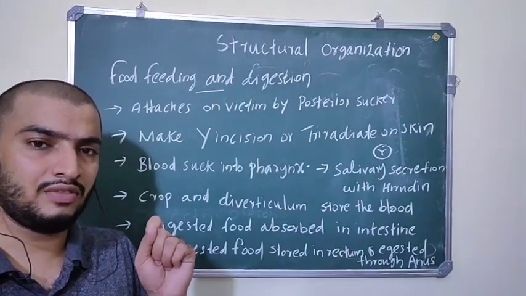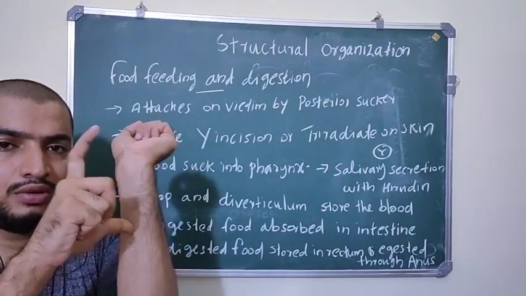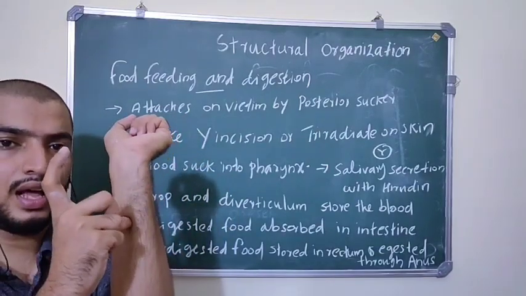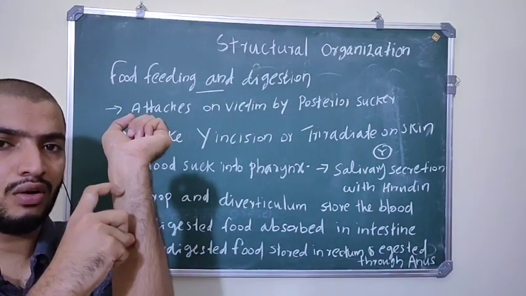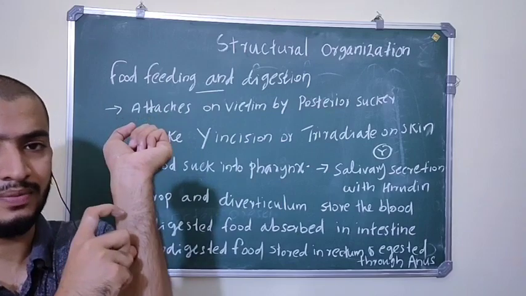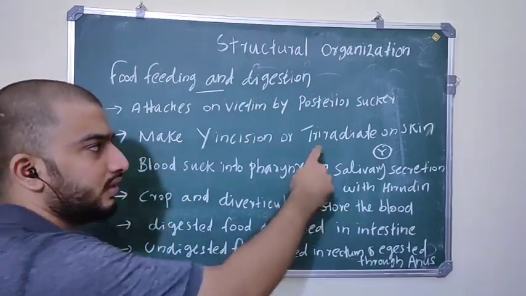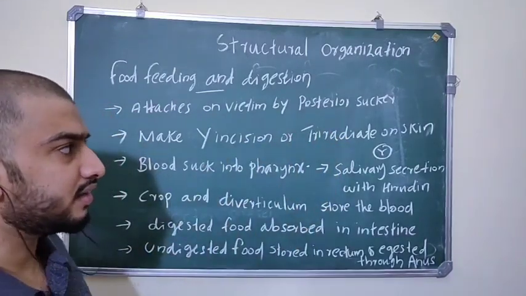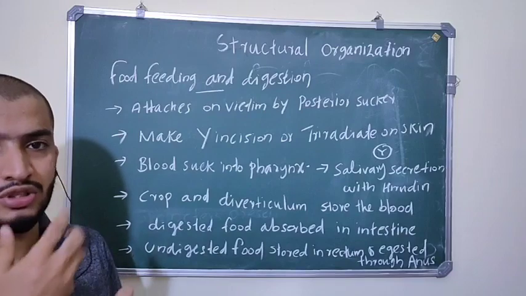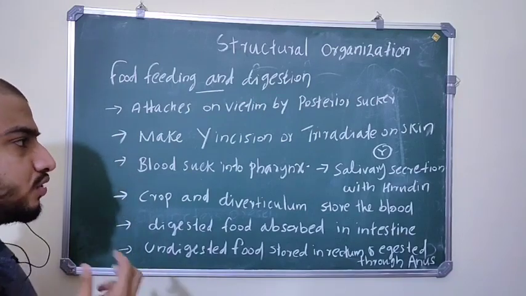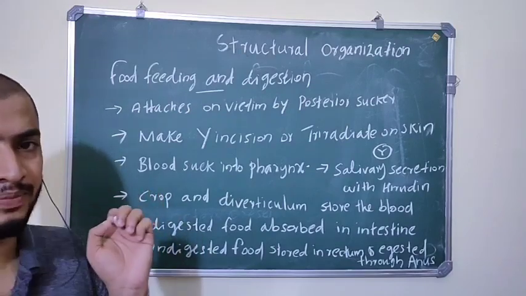First, they attach very strongly to the animal using the posterior sucker, and using the anterior sucker they make a Y incision on the skin of the animal. How does this Y, or tri-radiate, incision come? Because they have jaws. Using the jaws, they make a Y incision and take blood from the animal.